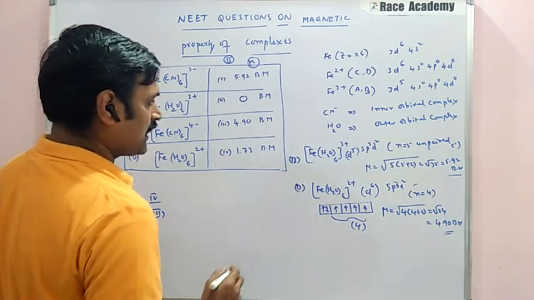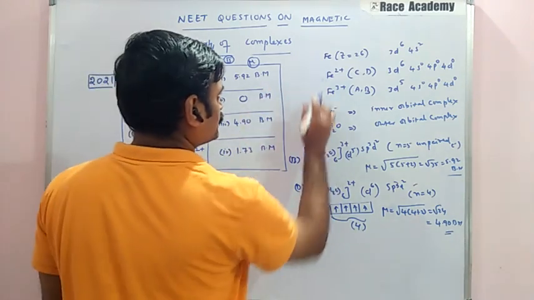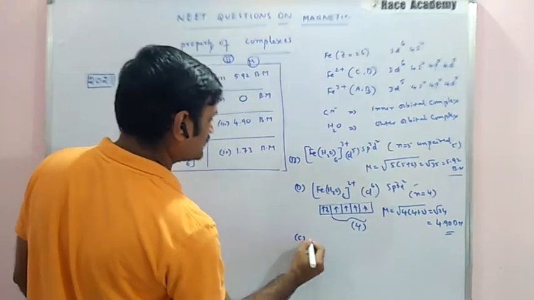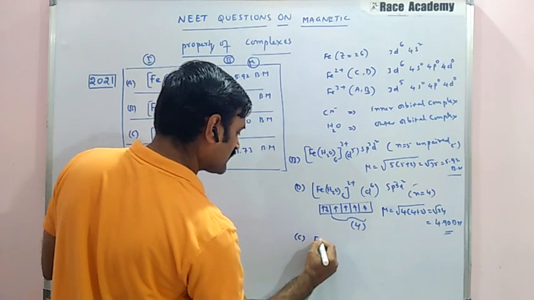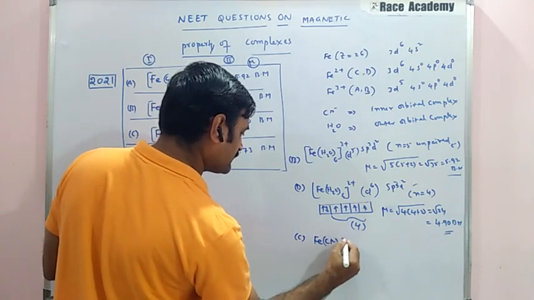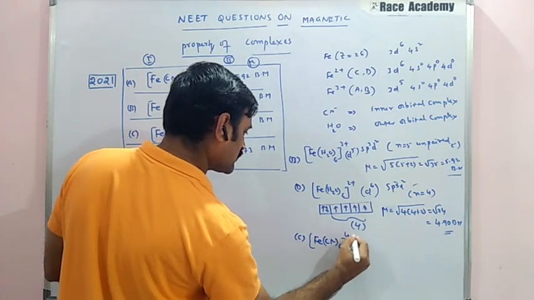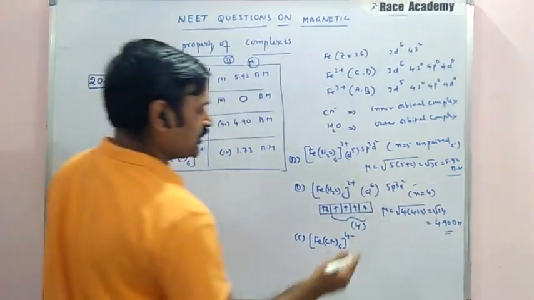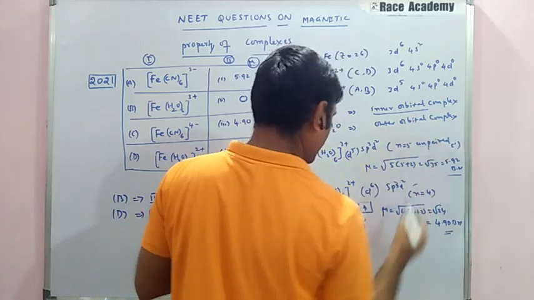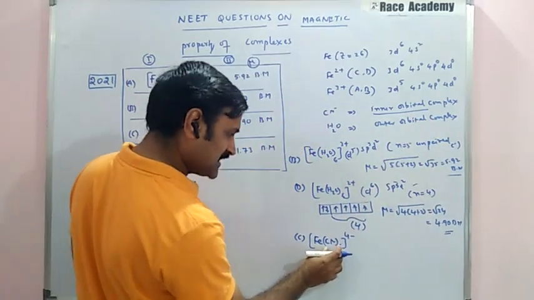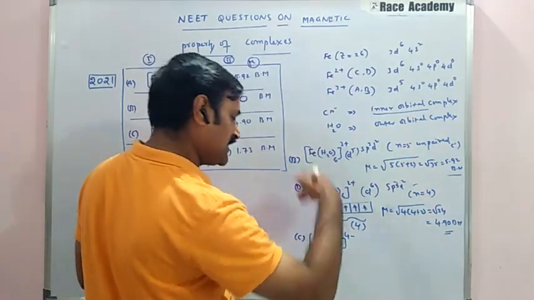Coming to the other two, take C, that is Fe(CN)6 4 minus. Here CN allows inner orbital complexes. It is an octahedral complex and rearrangement takes place.